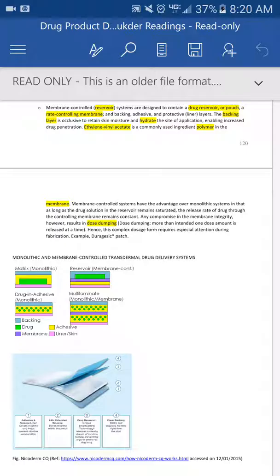You have the liner, and the skin in pink. You have an adhesive that sticks to the skin, right? Then you have a membrane, okay? That membrane is the only thing stopping dose dumping of the entire reservoir of the drug into the adhesive and then into your skin. So the adhesive and the membrane are the only thing keeping you from dose dumping there.